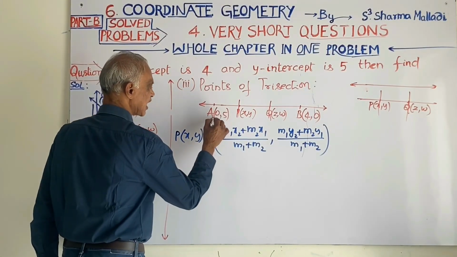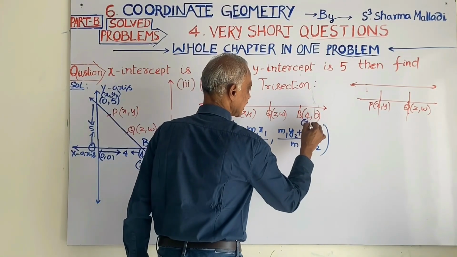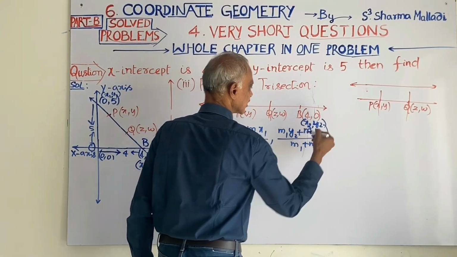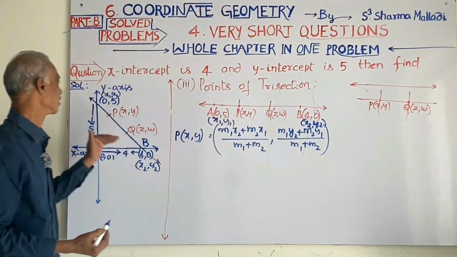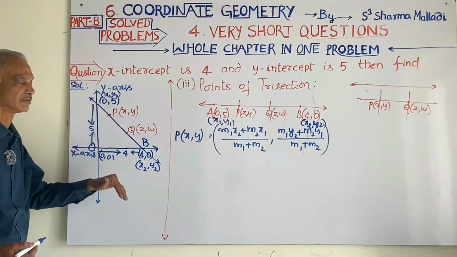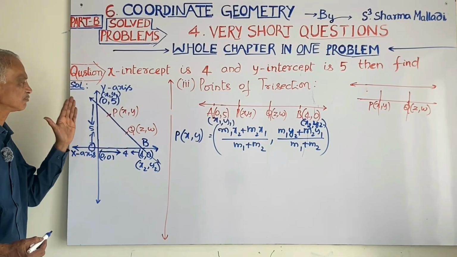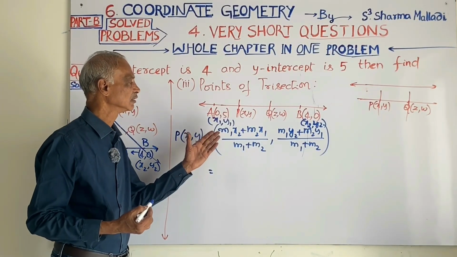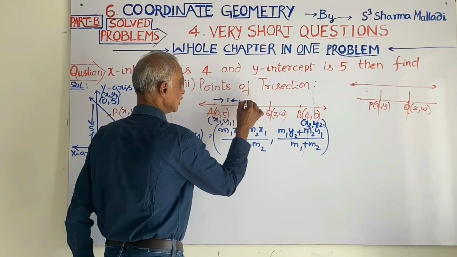Now you take this as (x1, y1) and this is (x2, y2). You already know x1, y1, x2, y2. We are dividing this straight line into 3 equal parts, finding the points of trisection. Now what is m1? What is m2?